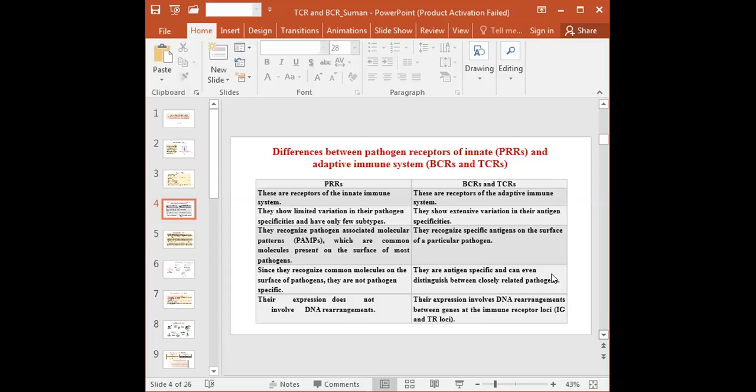Since PRRs recognize common molecules on the surface of the pathogen, they are not pathogen specific. They are very much non-specific. But both BCRs and TCRs are very specific. They are antigen specific and can even distinguish between closely related pathogens. PRR expression does not involve DNA rearrangement, but BCR and TCR expression involves DNA rearrangement between genes at the immune receptor loci.